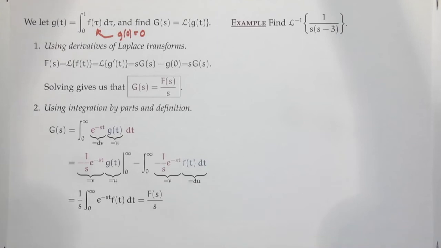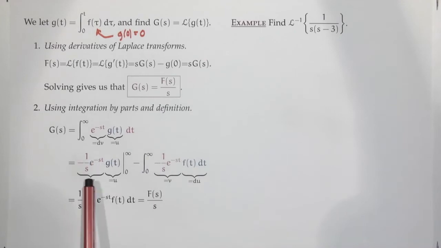Now, that's one method. And if you like, that's all you need to know. If you say, could you do it another way? Yeah, we're getting to the point where there's lots of ways to solve things. And another way we could do it is integration by parts. So we have the definition for the Laplace transform. We plug it in. That's the integral of e to the minus st g of t. And we'll let u be our g of t. Then we do integration by parts.